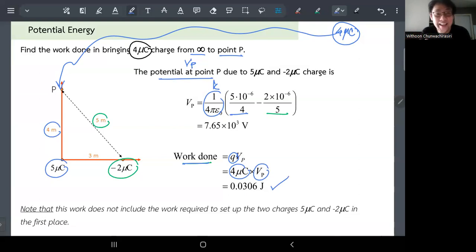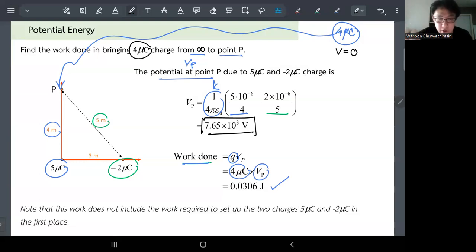Is that easy? All right, but the whole idea that I want you to think about is this. Potential over here is 0. Potential at point P is this much. You feel anything now? You start from 0 and you are going uphill.